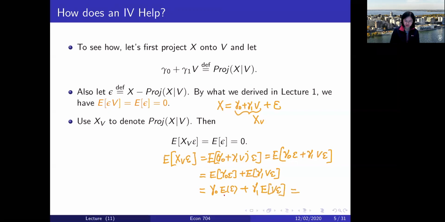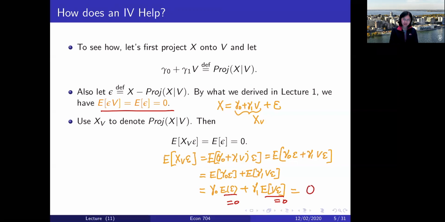Both of these are zero by the definition of epsilon, because epsilon is the projection error of x on v. So it is orthogonal to v and has expectation 0 itself. So that whole thing is 0.